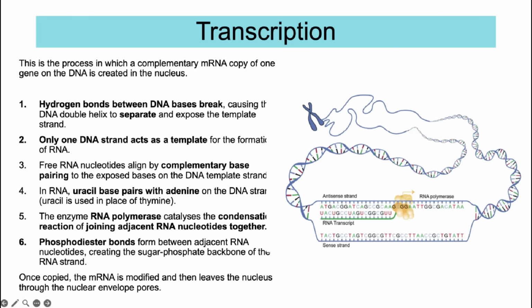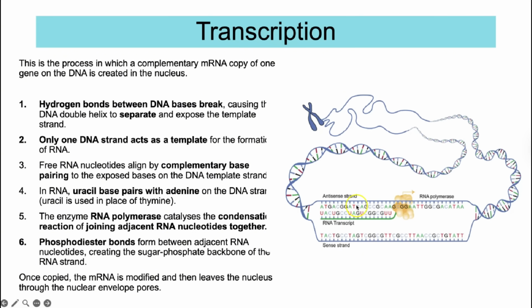Transcription is the first stage in protein synthesis, and this is the process in which a complementary mRNA copy of one gene on the DNA is created in the nucleus, and that can then leave the nucleus and be used in the next stage, translation. So let's go through what the key marking points would be for the process of transcription, which happens in the nucleus.